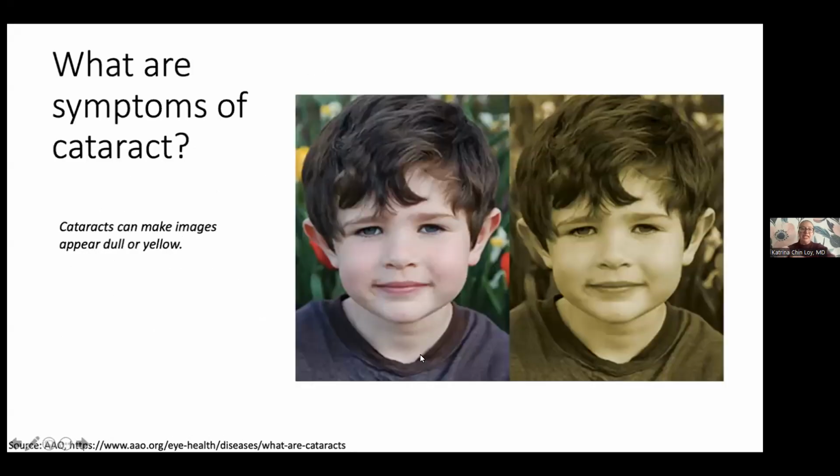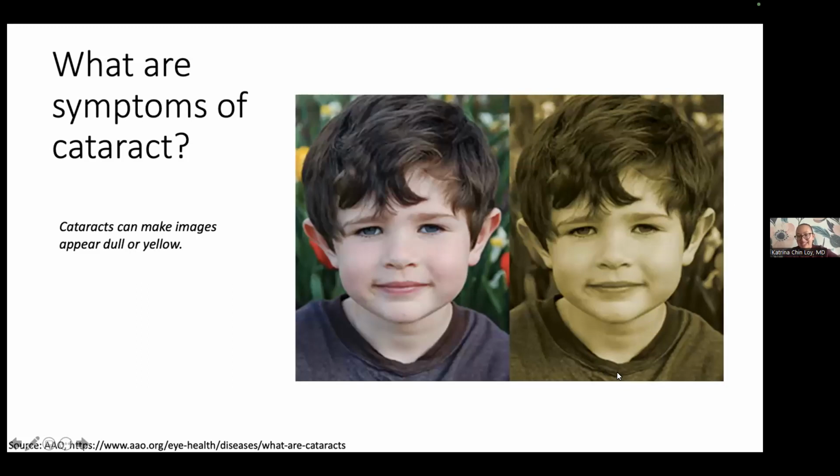In terms of the symptoms of cataracts, as this cataract is growing, and often this is happening slowly over many months to even many years, what are the symptoms that you are going to be experiencing? If you imagine that this picture here is the normal standard picture of what we would expect you to see without a cataract, one of the things that can happen is that cataracts can make images appear dull or yellow.